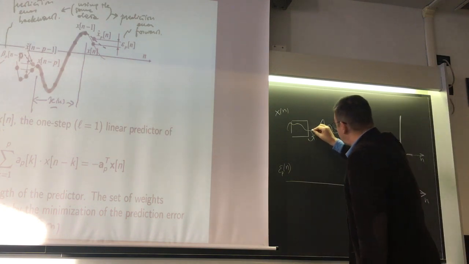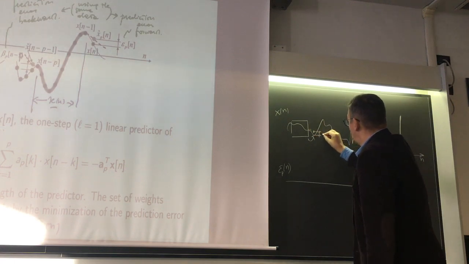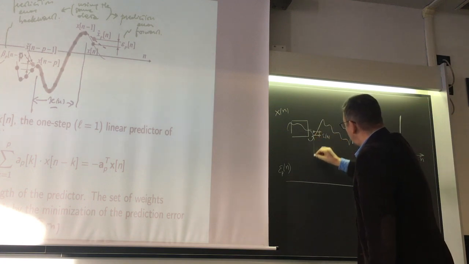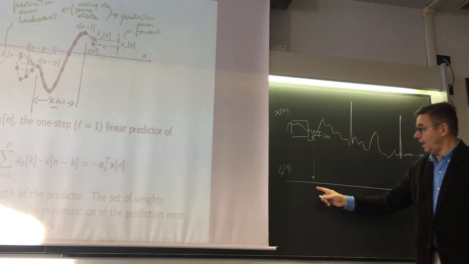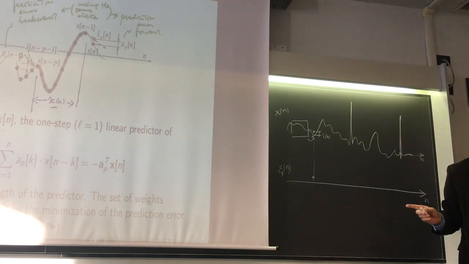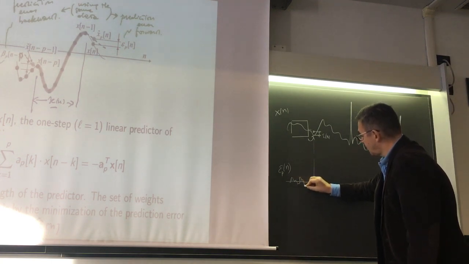What I get is my prediction here. The error, this is the error. So this is epsilon. And then I take this error and I put a point here. So in this new axis, I have a prediction error, which is going up and down.